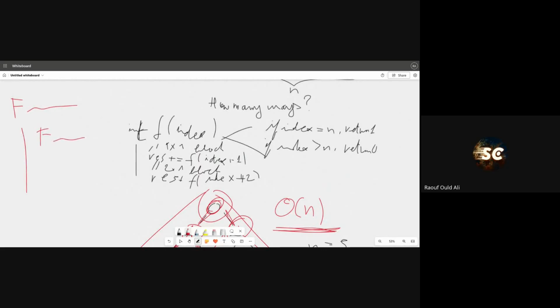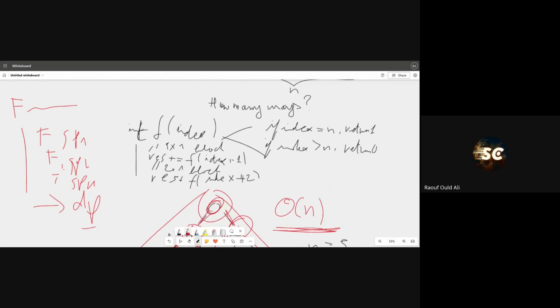Okay, we compute f of subproblem 1, f of subproblem 2, f of subproblem k. Okay, and we combine the results, store them in the array dp, and return it. And whenever we call the function again, we return it from the array. Okay? This approach is called top-down DP.